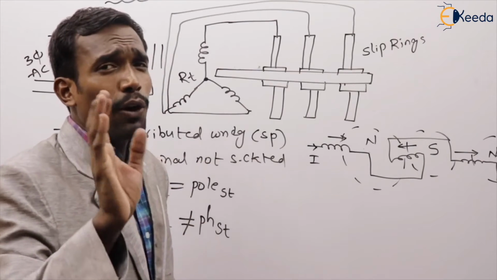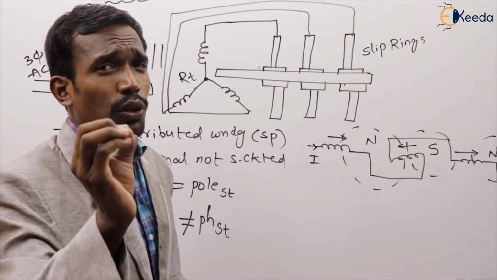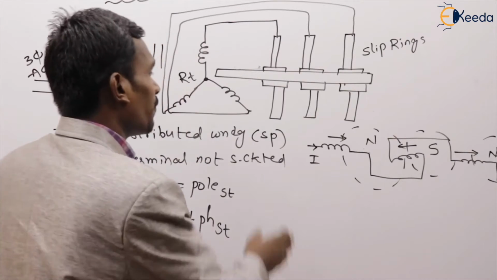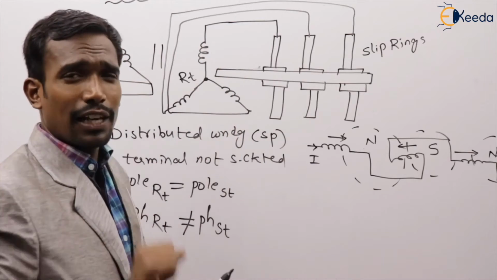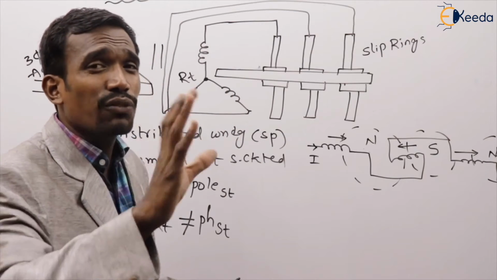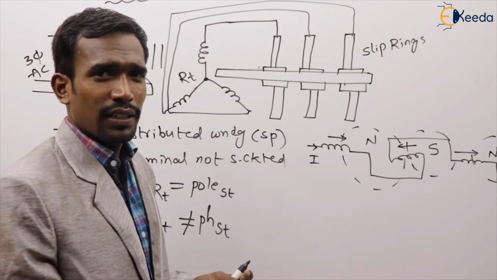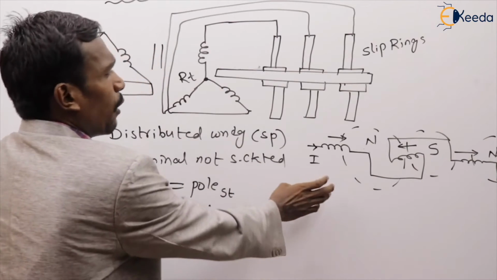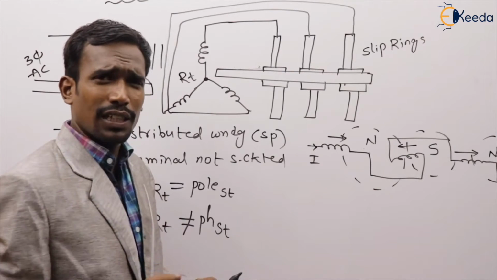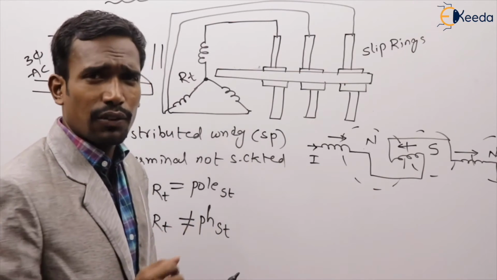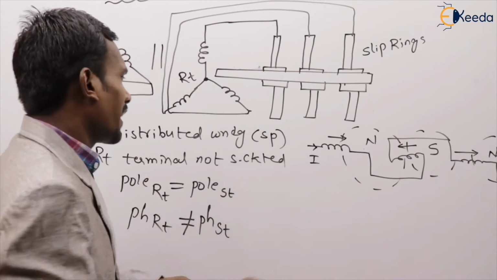That's why speed control by pole changing method is somewhat difficult for slip ring induction machine, which is not preferable here. Okay, so whatever poles are formed due to winding procedure, you have an idea how the poles are formed. Right? Next one.